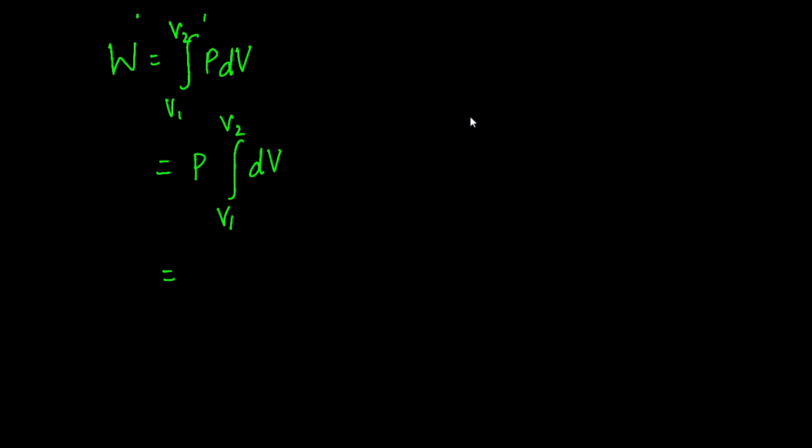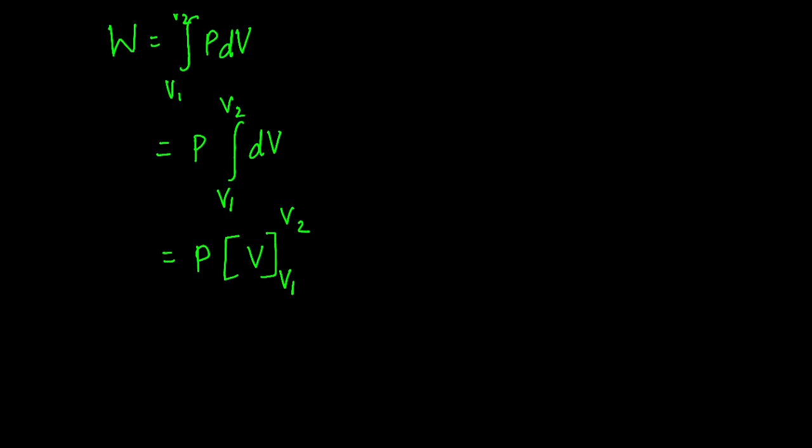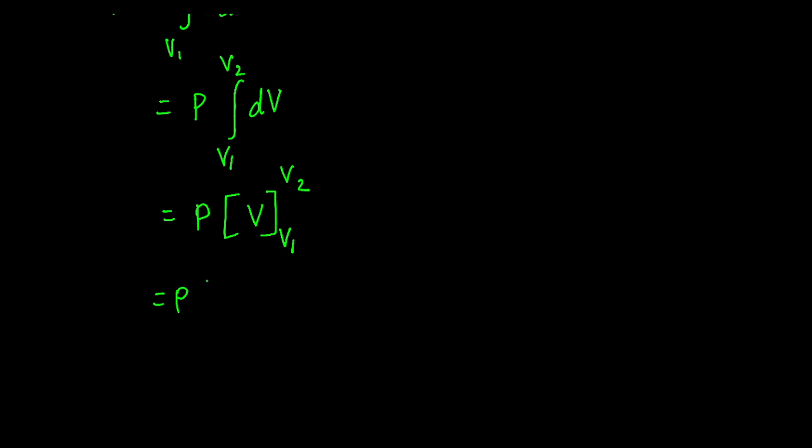V. Others, please hurry up. આટલી વાર લાગે integration dV લખતા. So it is P into V. And now time to put limits. Lower limit V1, upper limit V2. So this is equal to P bracket V2 minus V1. V2 minus V1 ને શું કહેવાય?